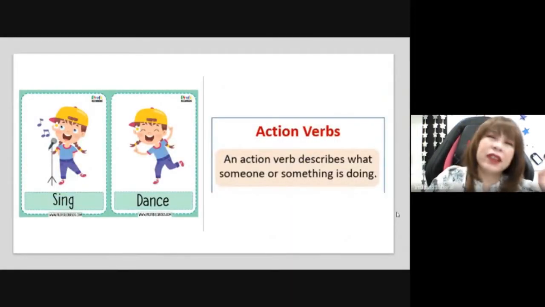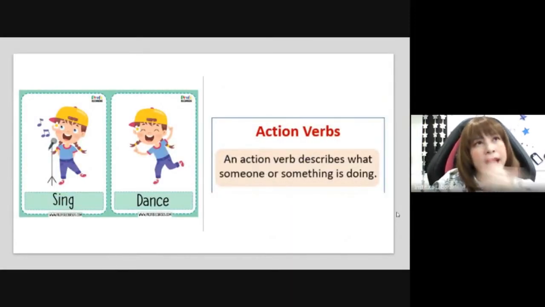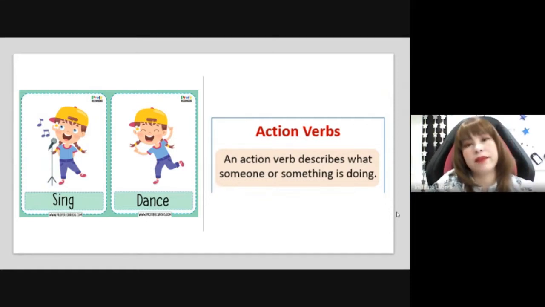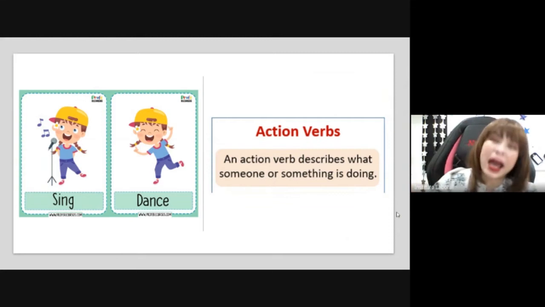Okay, now that we have clear what is a subject, an animal, a person, a thing, that does the action, now let's check what is the action. Action verbs describe what someone or something is doing. Verbs are actions. So here we have an example.